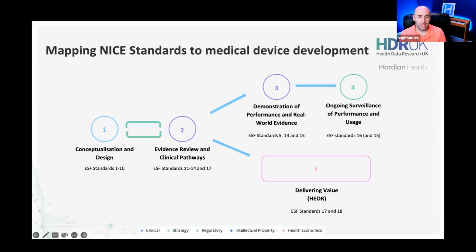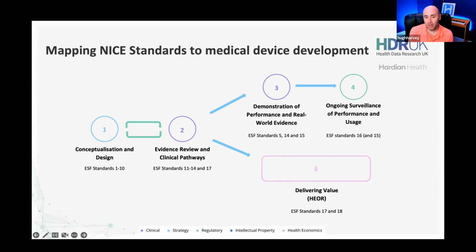Next slide, please. So how do we map the standards to software as a medical device development? There are 21 standards for tier C devices. The first 10 focus around your conceptualization and design, and that includes your intended use that we've spoken about. And in fact, intended use is mentioned explicitly in one of those standards.